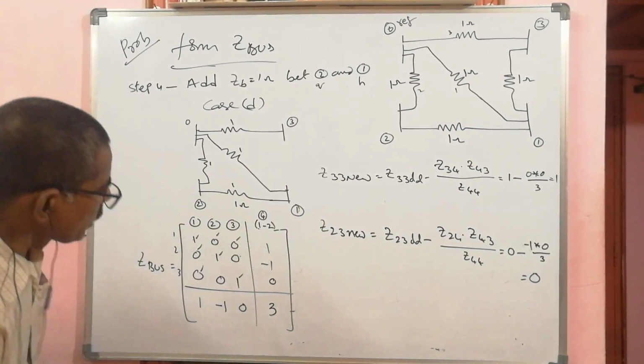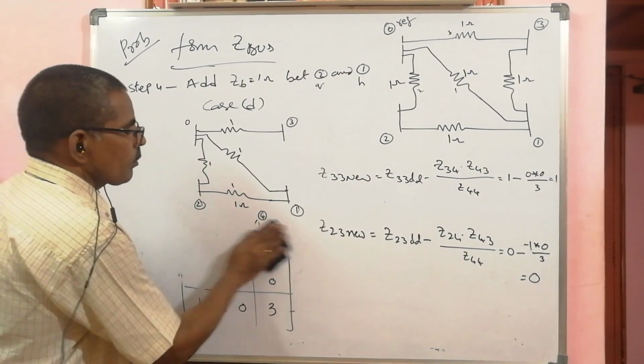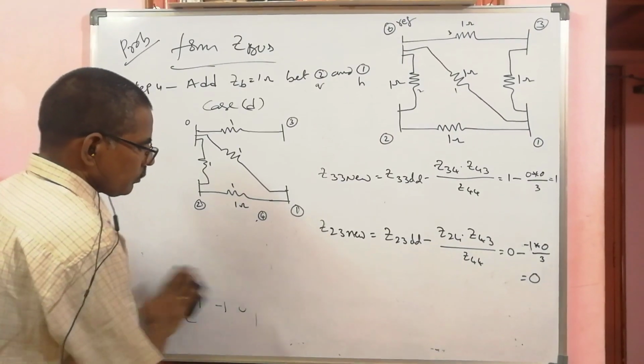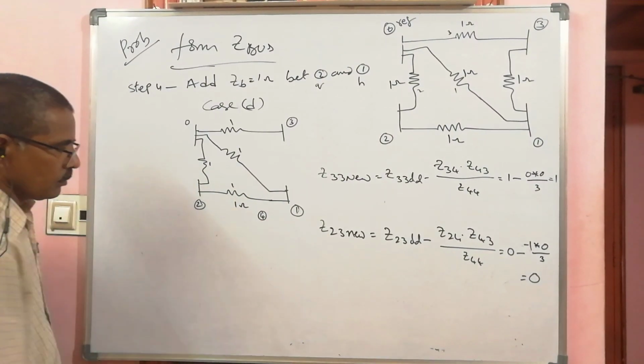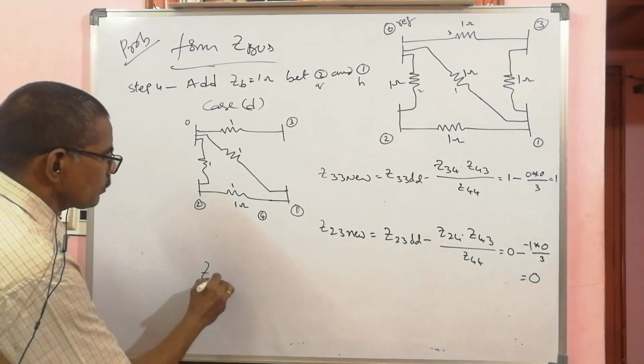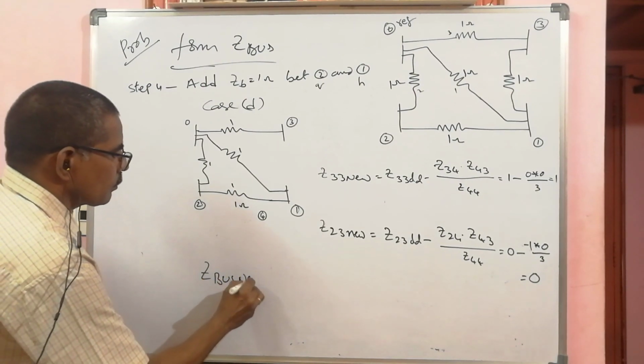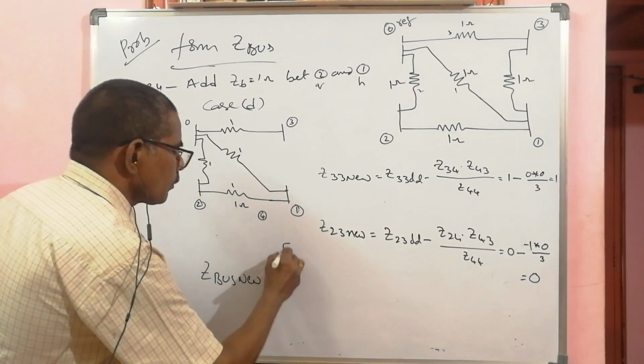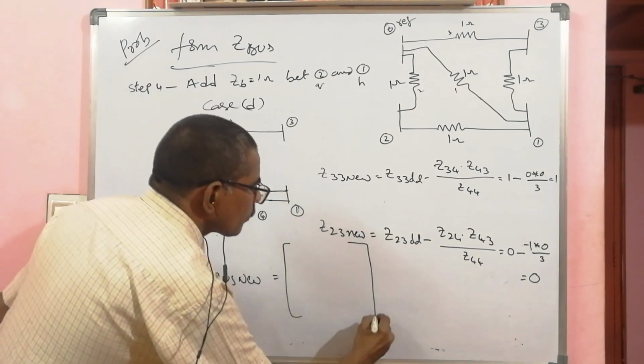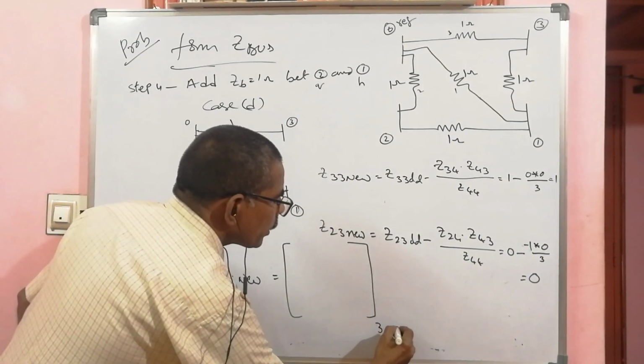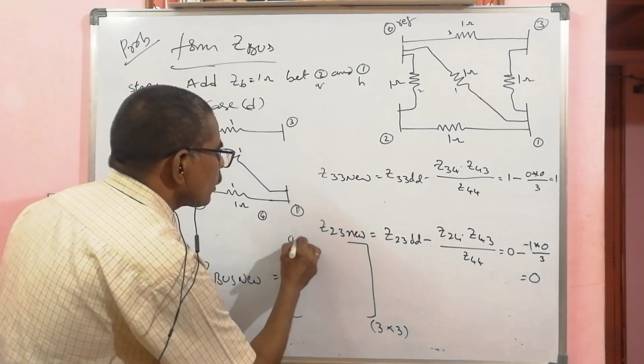So what is the final Z bus new? It is 3 by 3 only ultimately, with 1, 2, 3.